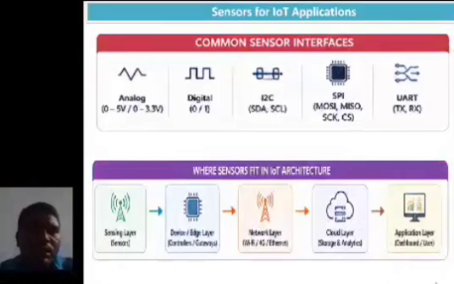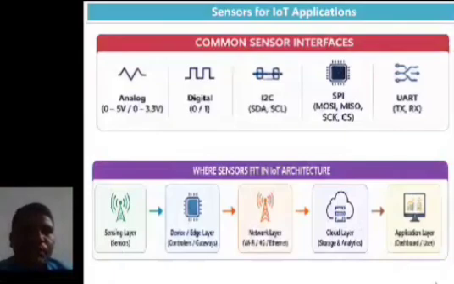Then next we can discuss where the sensor fits in the IoT architecture. First one, the sensing layer. Totally there are 5 layers available. Sensors belong to the sensing layer. Then they send the data to the device layer, where we use controllers and gateways. Then the network layer. The fourth one is cloud, where we can store the data, and some analysis also happens in this cloud layer.